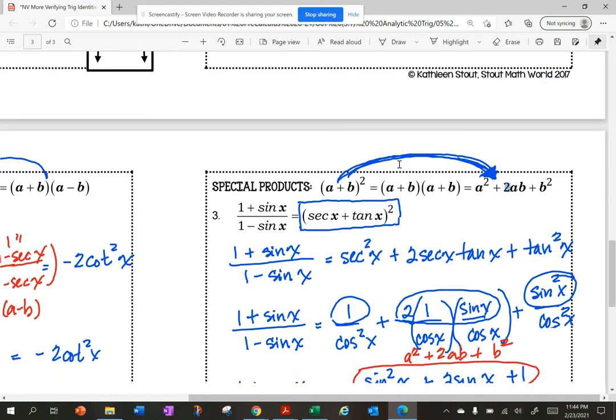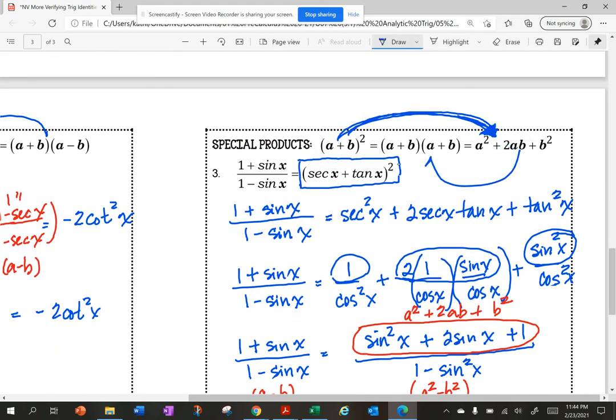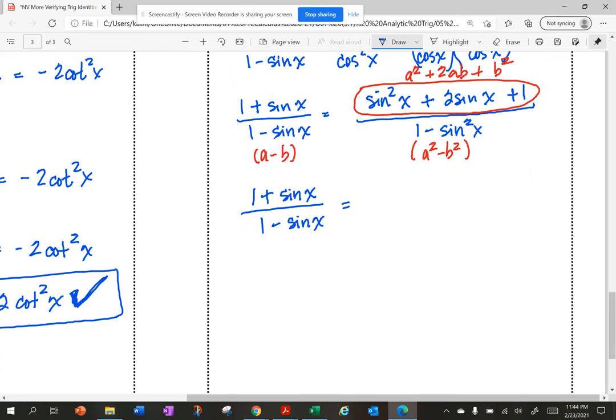So I'm going to move into my factored form. So I have sine of x plus 1 times sine of x plus 1. And then in the bottom, I'm going to factor this out. So I have a squared minus b squared, so that's going to be sine of x plus 1 and sine of x minus 1.